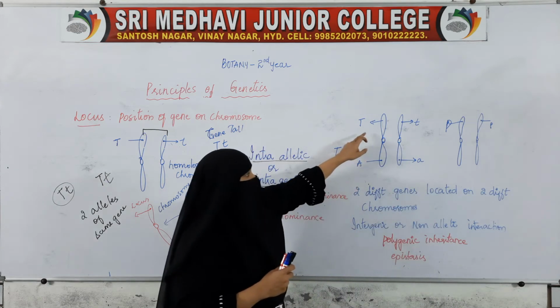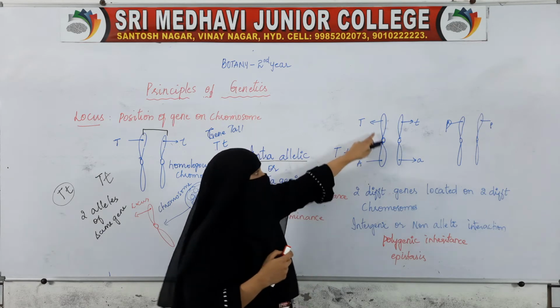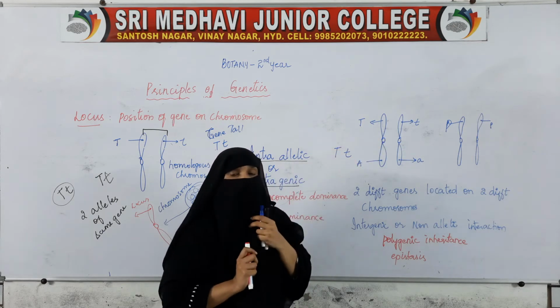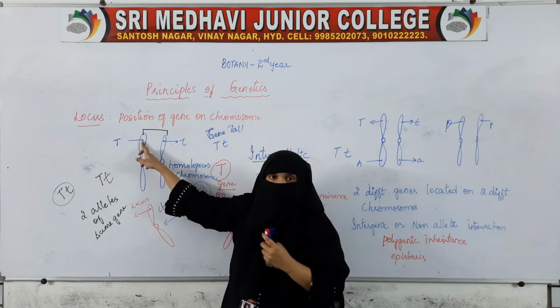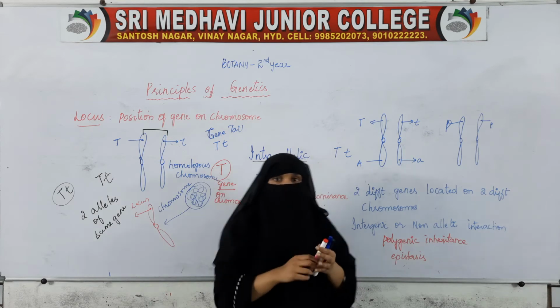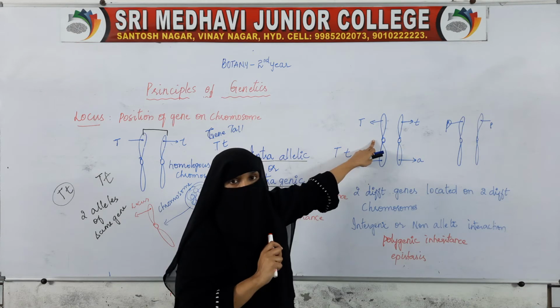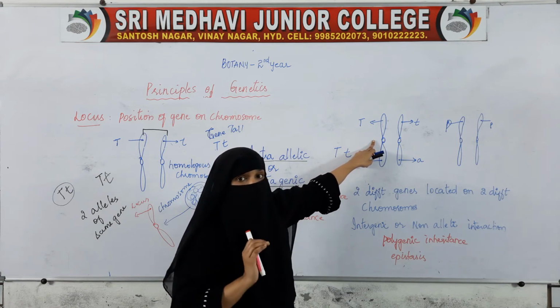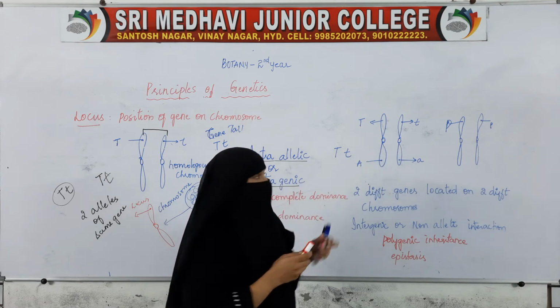For example, here this is a chromosome. On this chromosome, two types of genes are present. Earlier, on the chromosome only one gene was present, that is, an allele of one gene. Now on a single chromosome, genes for two characters are present.